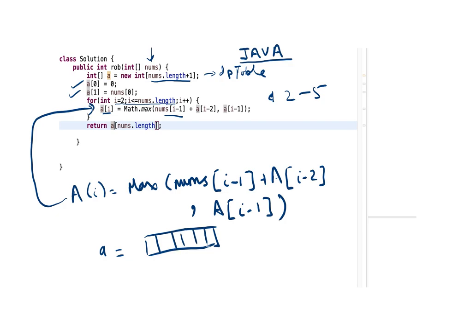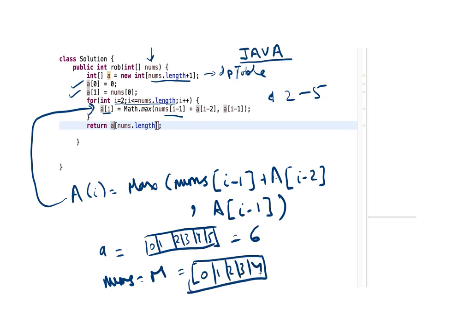So for example, if this is 0 1 2 3 4 5, which is equal to 6, and our nums, which was equal to M in our discussion, is of size 0 1 2 3 4, so the first house is index 1 and so on. So that's why there is this difference of I and I minus 1.